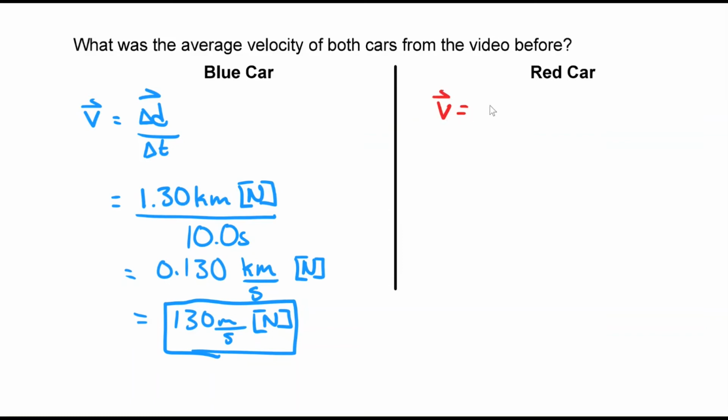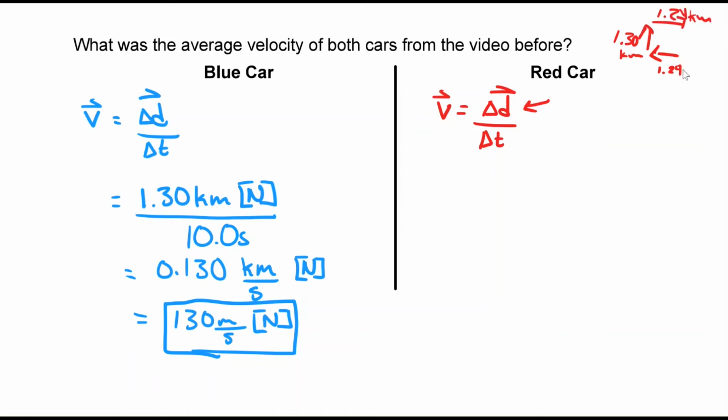Now let's do the same thing for the red car, right? The velocity is equal to the displacement divided by the time, but this displacement is quite interesting. What was that red car's displacement? It went 1.24 kilometers that way, and then 1.3 kilometers that way, and then 1.24 kilometers that way.